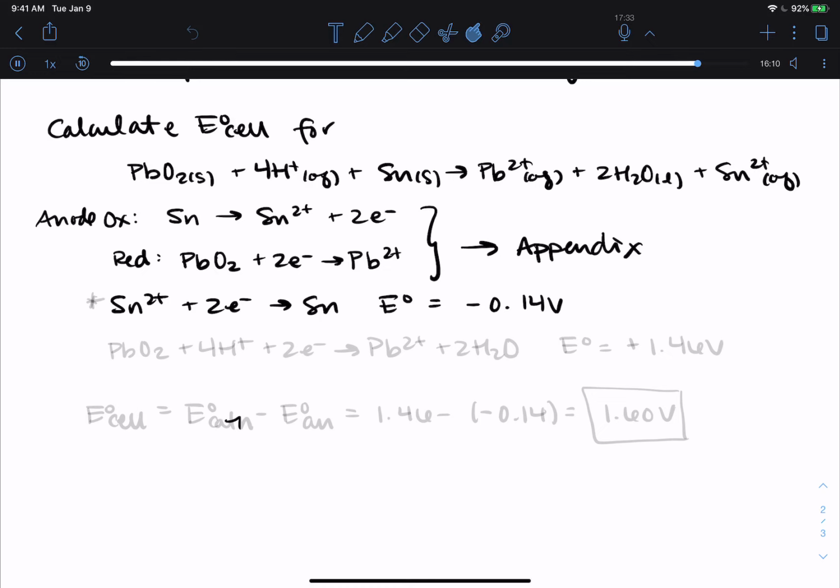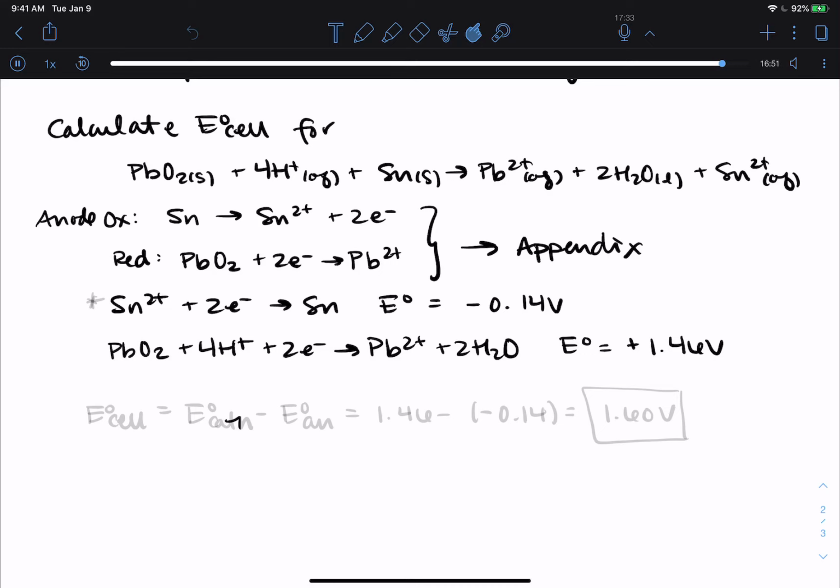And then we see PbO2 plus 4H plus 2 electrons turning into Pb2 plus 2 H2O. And this electrode potential is plus 1.46 volts. Okay. So in the appendix, we find the other pieces. So the H plus is there, the H2O is there. If we added these back together, flipped in the appropriate way, the electrons would cancel out.